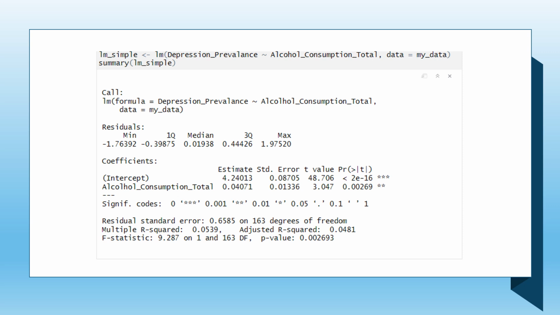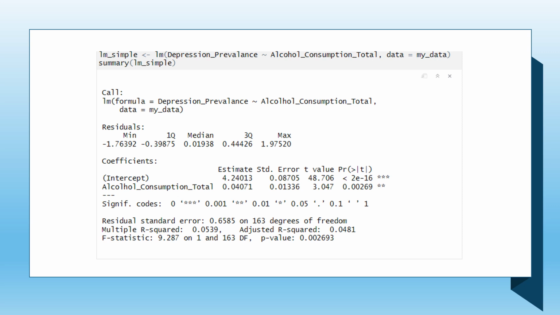So I mentioned that I had done a previous study, and in that study I had done a simple linear model trying to use alcohol consumption as an explanatory variable to determine depression prevalence. This was that model, and as you can see, the model wasn't too robust.